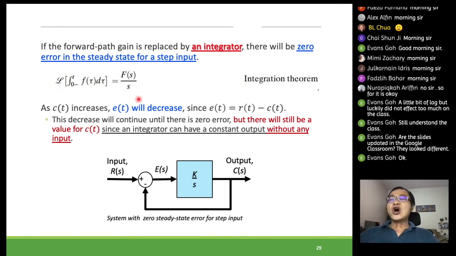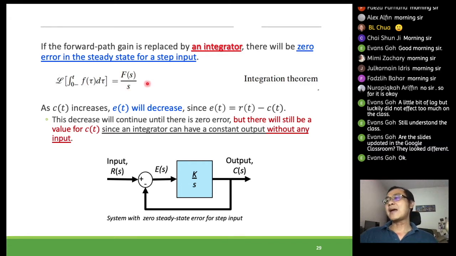Since there is always a finite steady state error for step input when we apply a gain type of transfer function, what we can do now is replace it with an integrator. Integrator means the function is a gain divided by s, so this is an integrator type in our transfer functions.